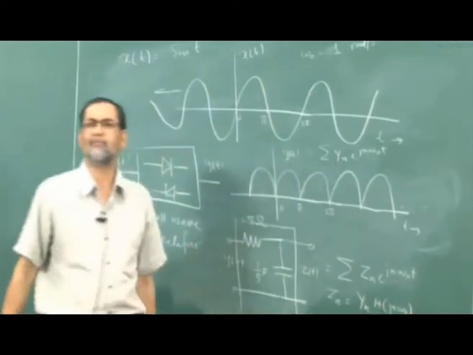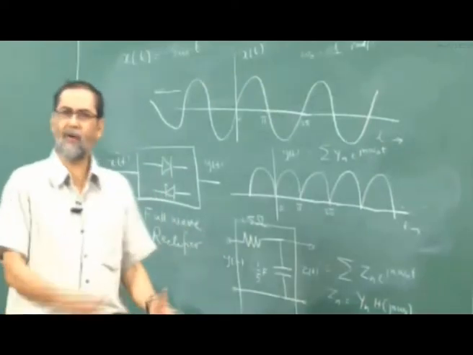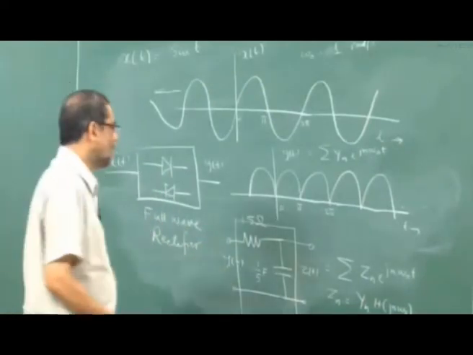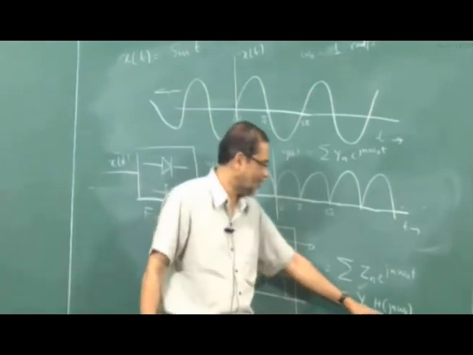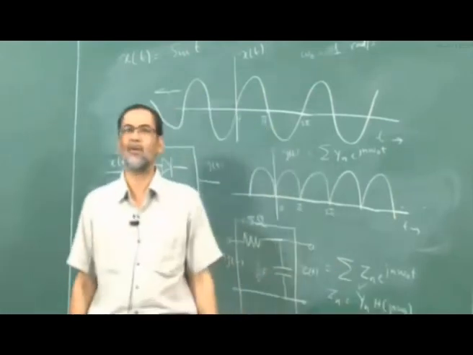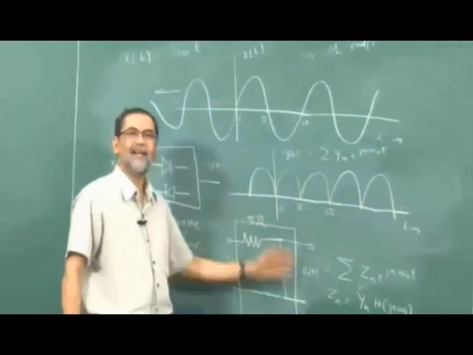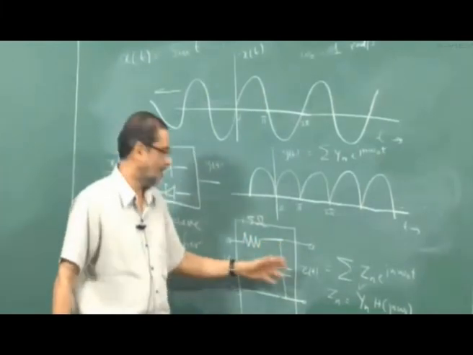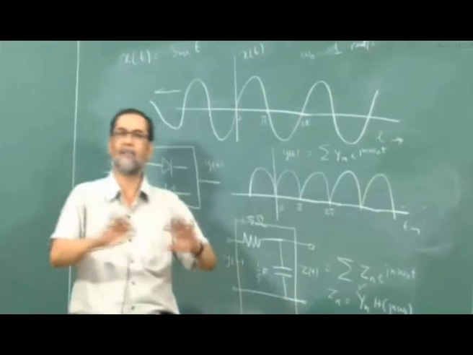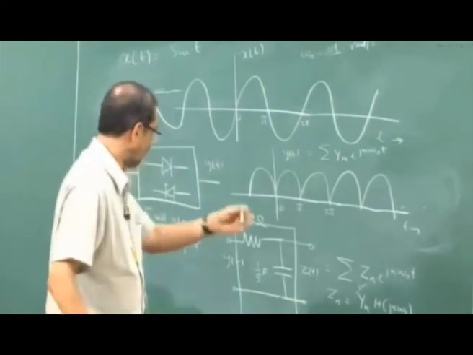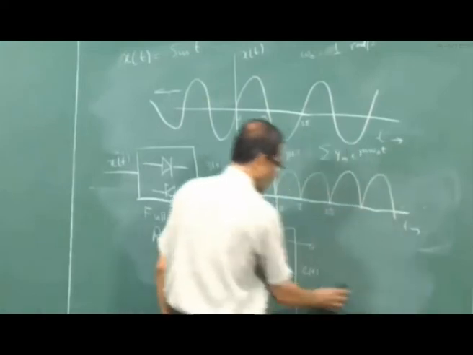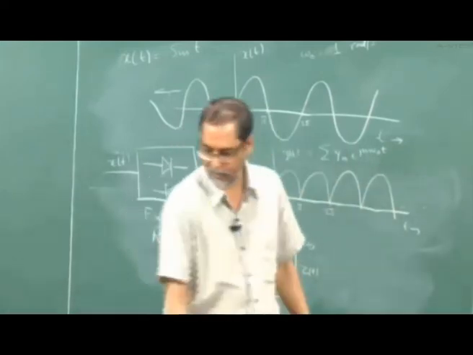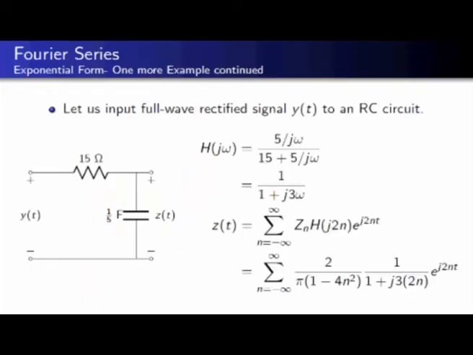This also I know from whatever we discussed before. So I already know Yn, I just have to find out what will be H of j n omega naught for this LTI system. If I know this, Zn is completely known. Is that okay? So I will solve that and then we will take a small break before we move on to the next topic, which is Fourier transform. Okay, so I have solved it here.